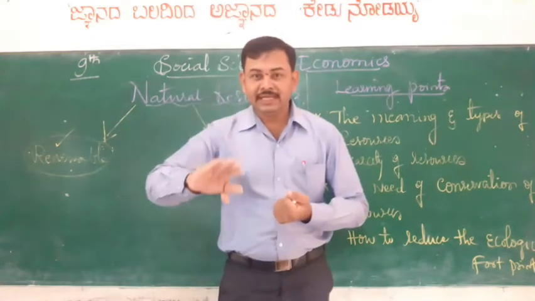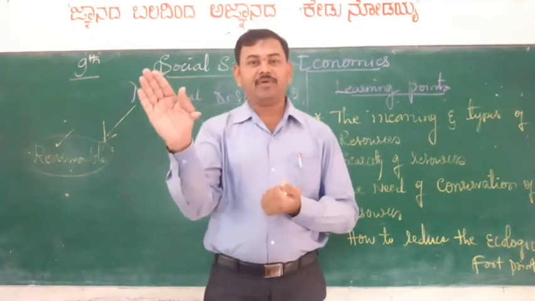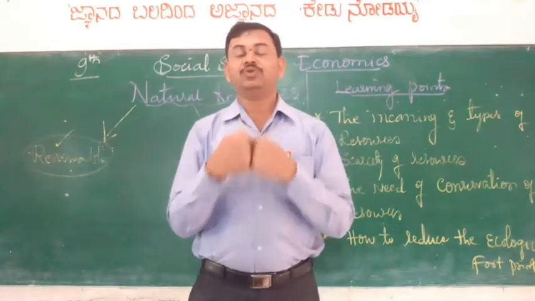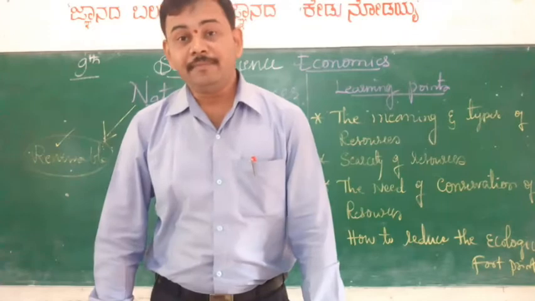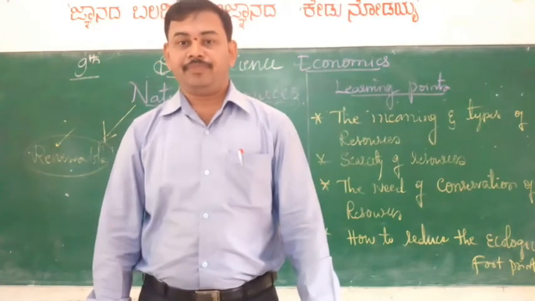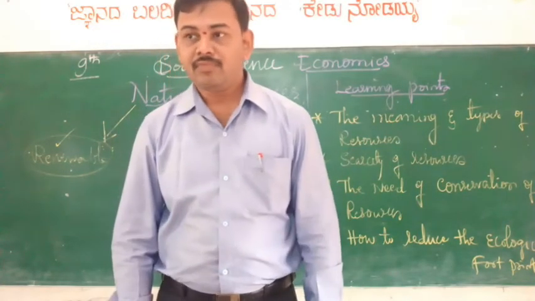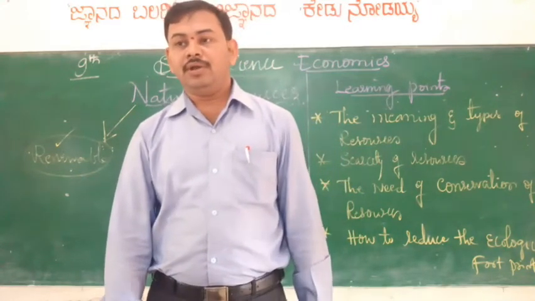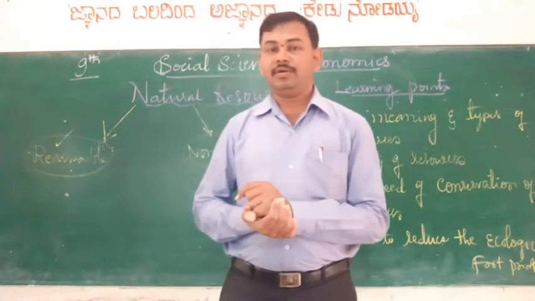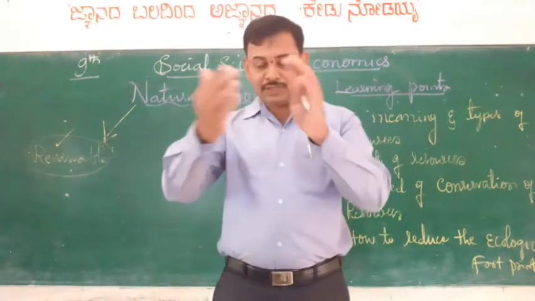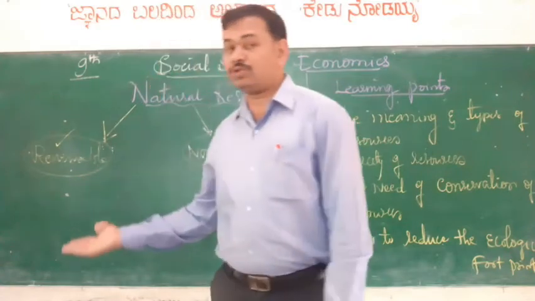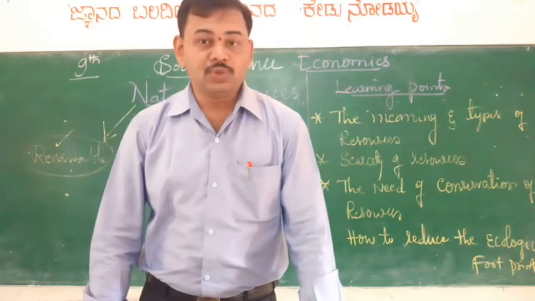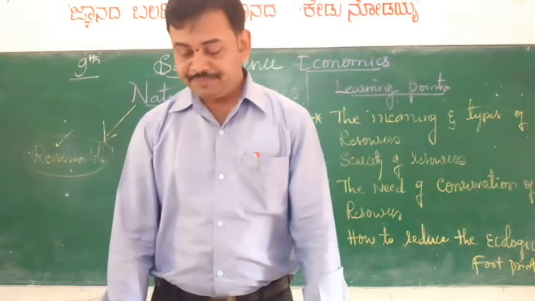The next day will come again, and again we will get the sunlight. So this is called replenishing, regenerating. They are also called non-exhaustible resources. These renewable natural resources are also called the non-exhaustible resources. Got it?